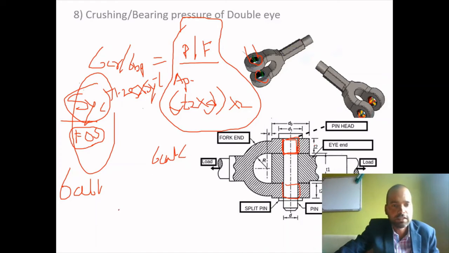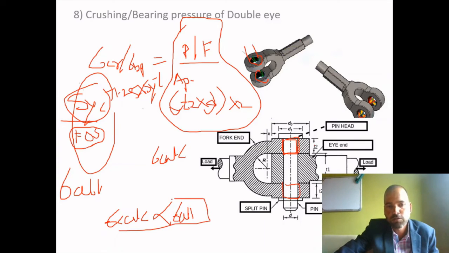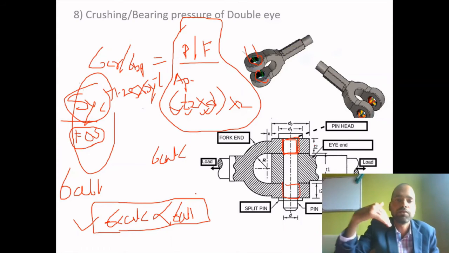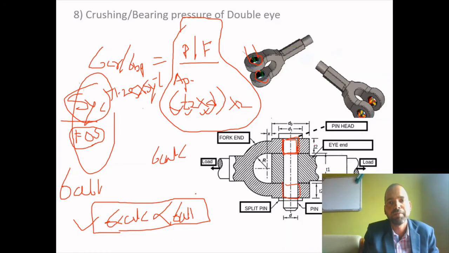For the safety of design, I'll repeat this a number of times until you remember it: sigma allowable has to be greater than sigma calculated, based on strength of materials. If this equation is satisfied, the dimensions T2 and d for crushing or bearing pressure will be safe. If not, we have to increase the dimension or change the material. That we have to remember.